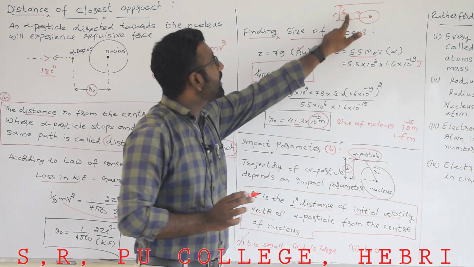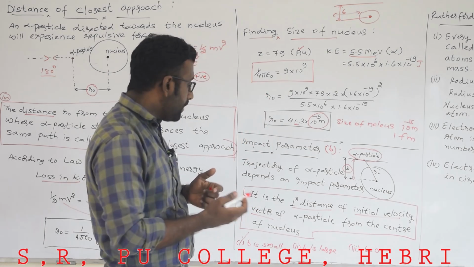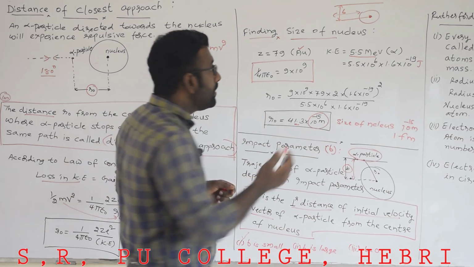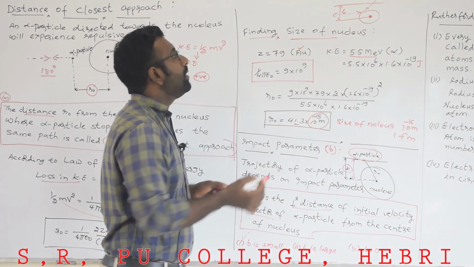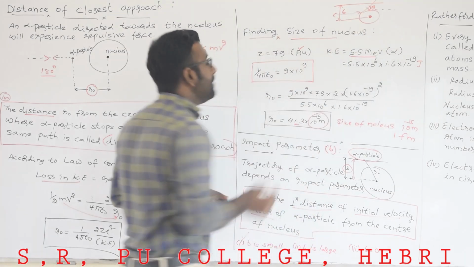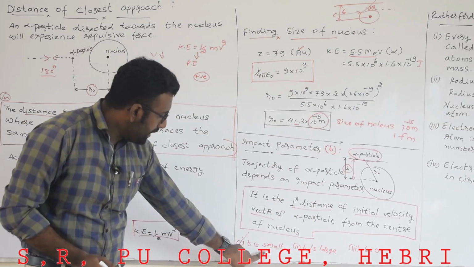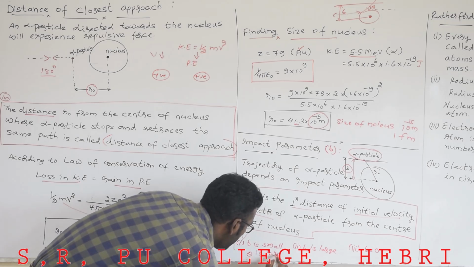What happens then? It will have more impact, right? The actual path should have been like this, but it will get scattered with a large angle. When B is small, theta is large.